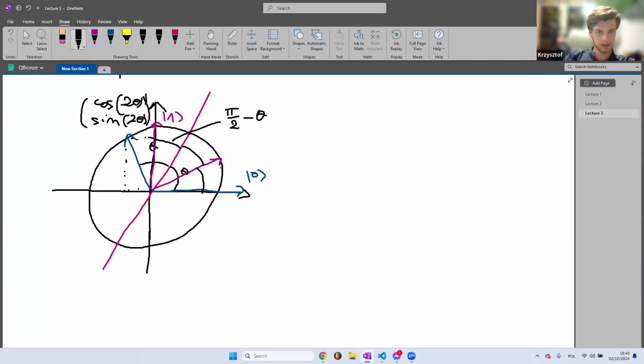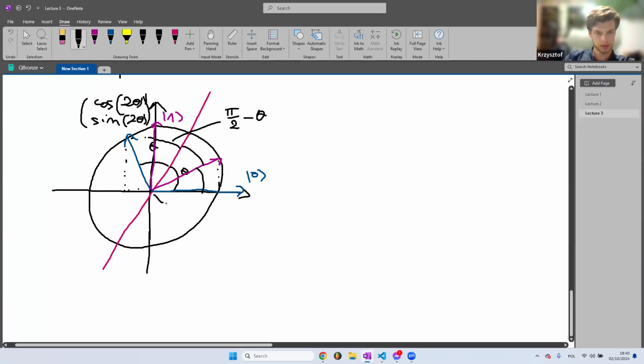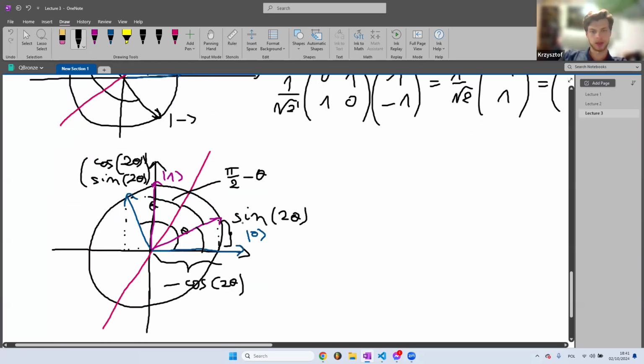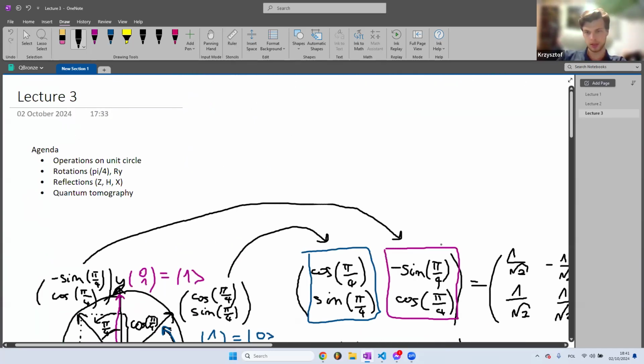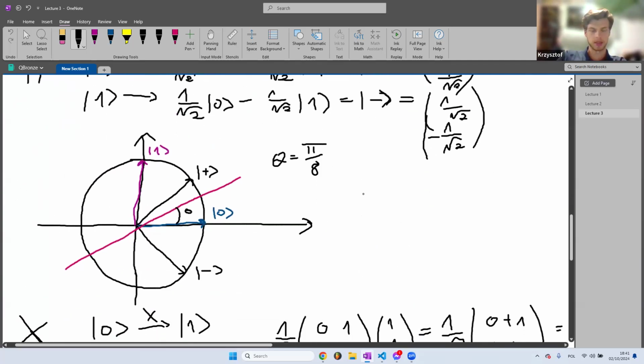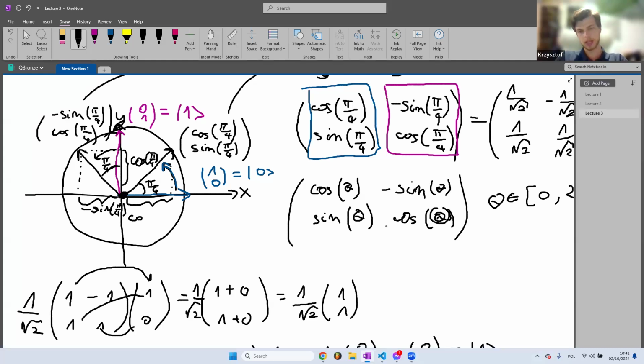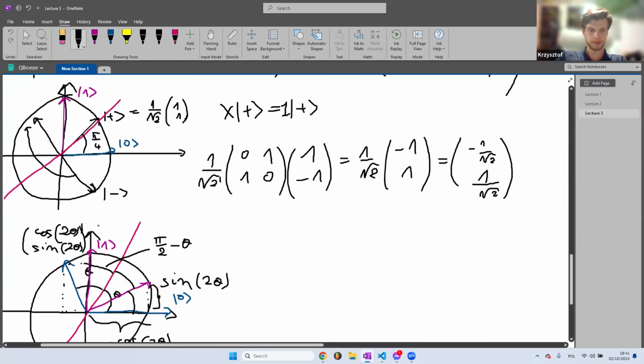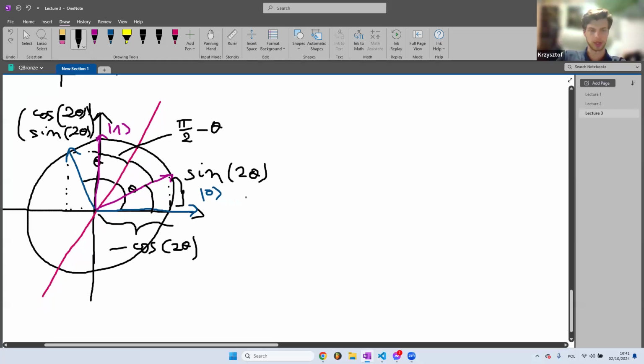But actually, this value right here should be sine of 2 theta, and this value should be minus cosine of 2 theta. This is quite similar to the case of the rotation, but instead of theta, in case of the rotation we had just theta, and in case of the reflection we have 2 theta instead.